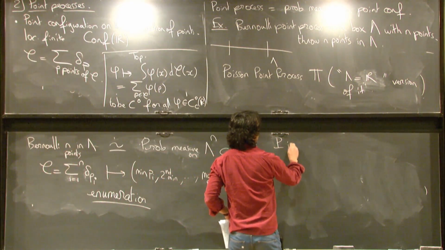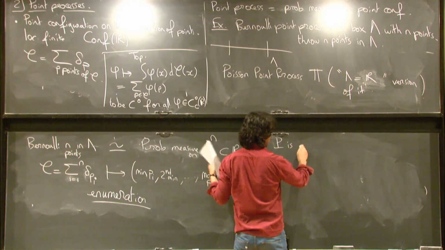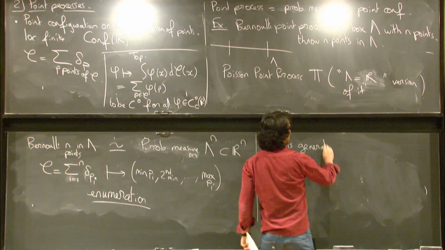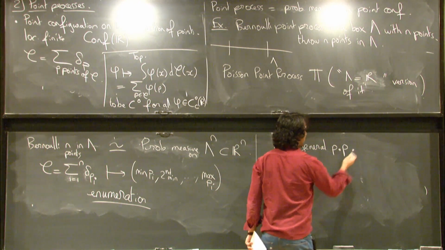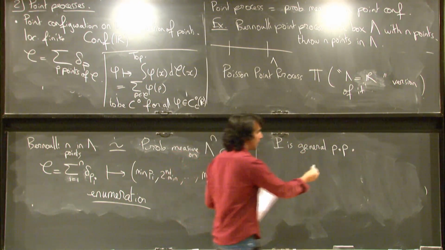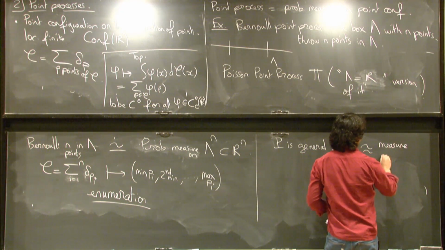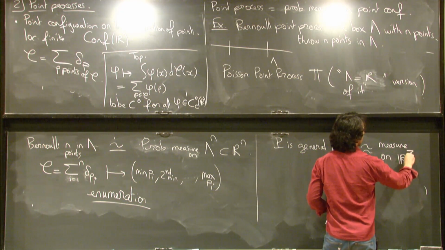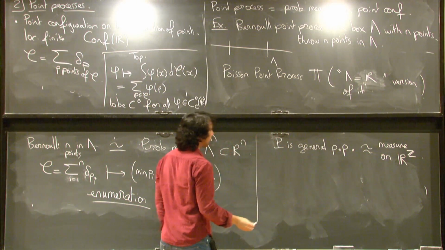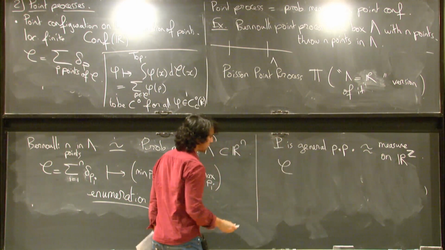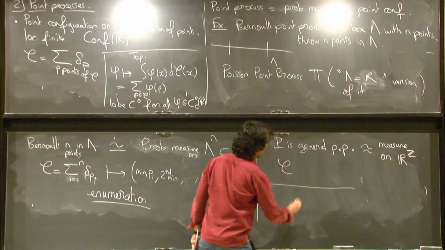If P is a general point process, we can see it as a measure on R to the Z. If I take a configuration C, I can always enumerate.